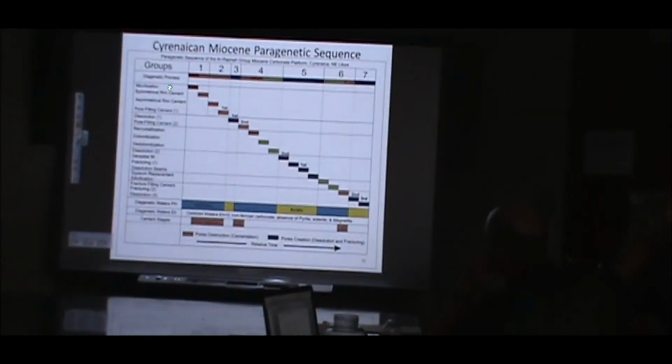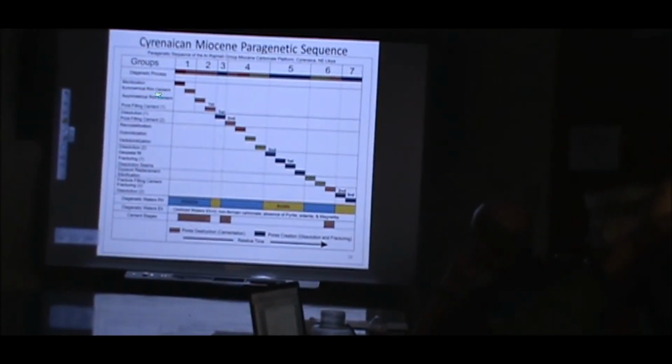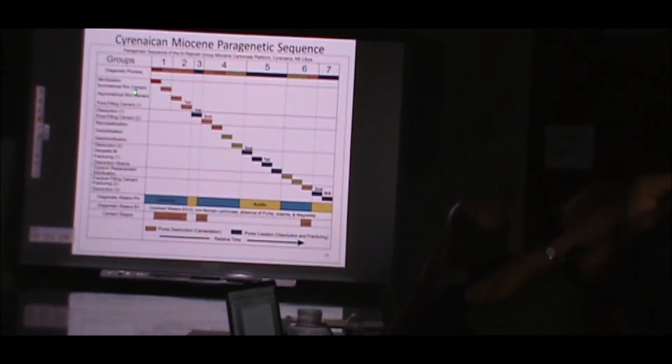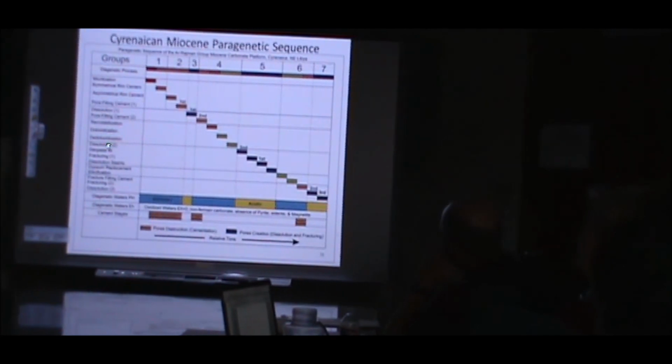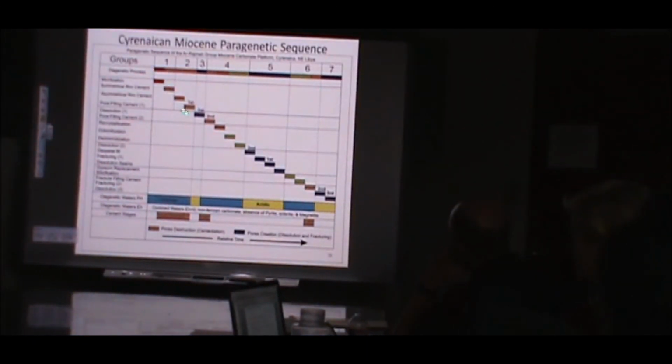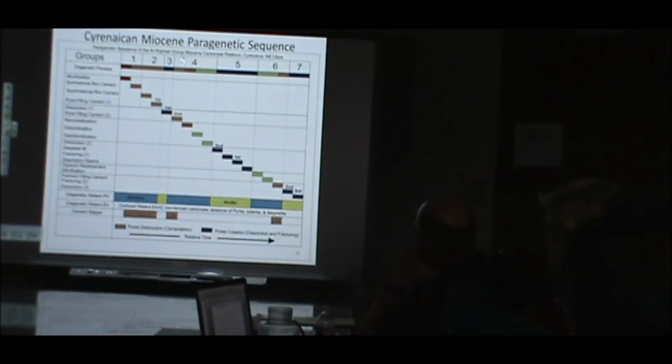So the diagenetic processes, like micritization, and then cementation, like symmetrical rim, asymmetrical rim, pore filling, dissolution, recrystallization, we found up to 18 events. And we grouped them into seven groups, from early to late.